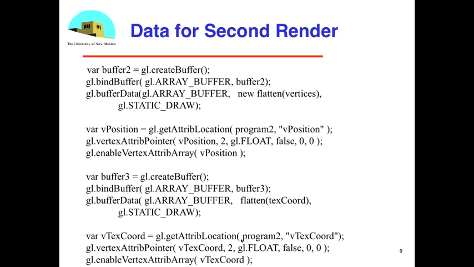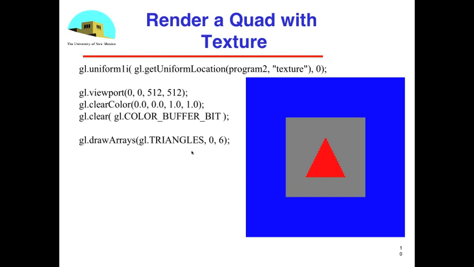Okay. Now we do the rendering, the normal rendering. So this should be pretty straightforward. So here we send over the texture object that we created. Again, this is a very normal texture object now. We pick the viewport now to be 512 by 512. The clear color is going to be 1.